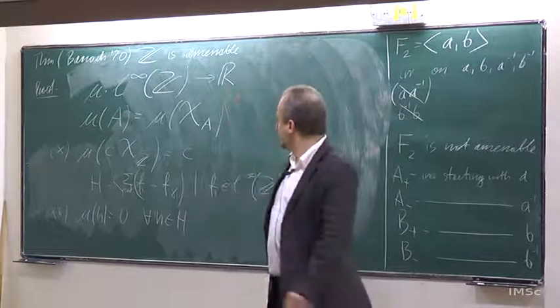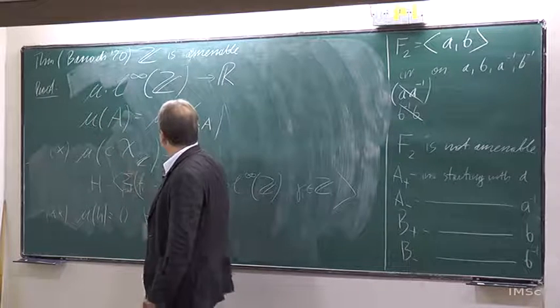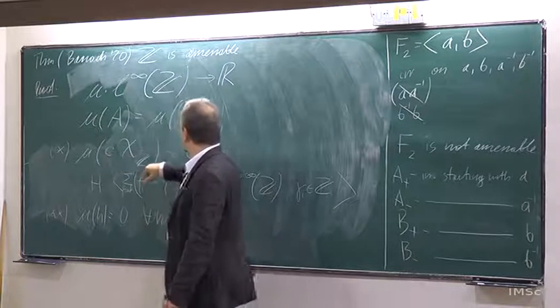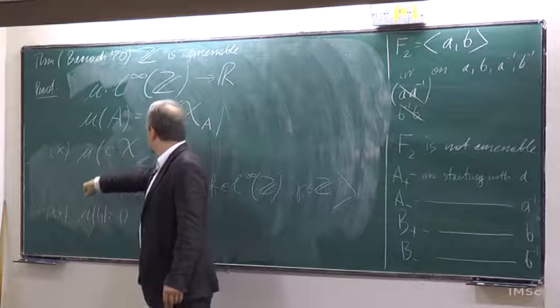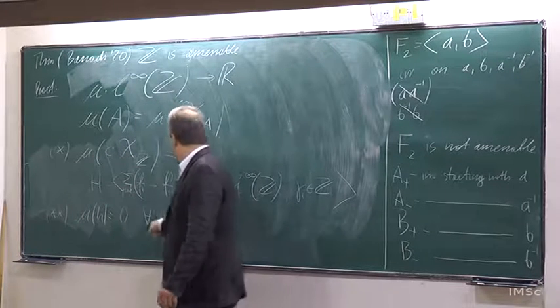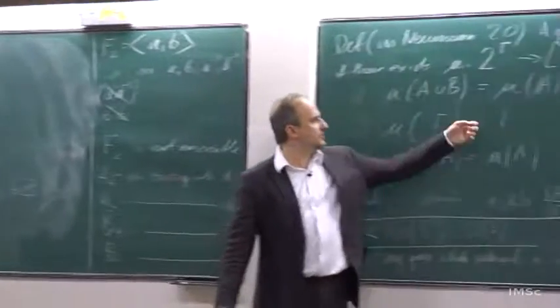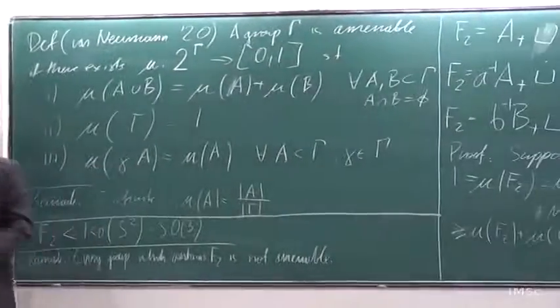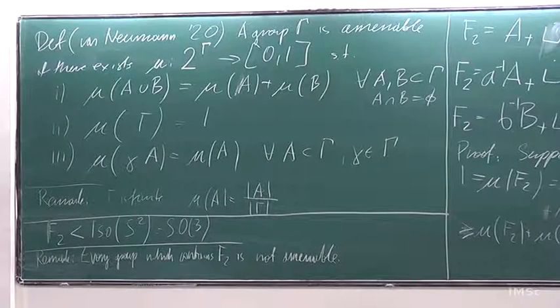If we have a functional on L infinity of Z that satisfies this condition and is 0 on H, we get a measure which on the whole group is 1 and which is invariant under left translations.